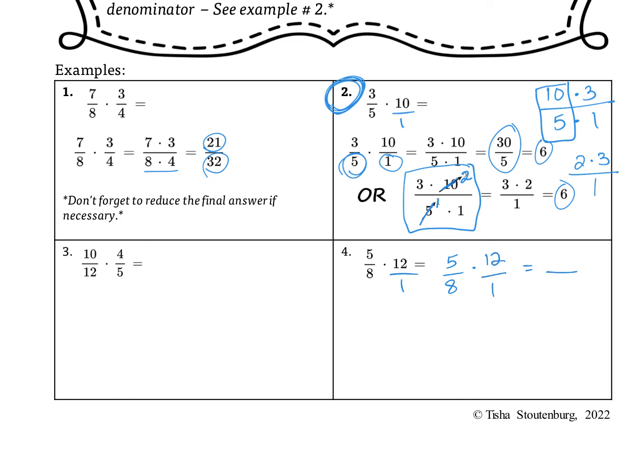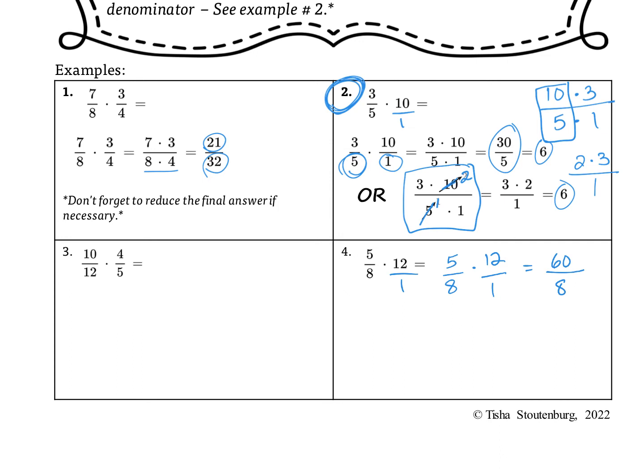Okay, now I can multiply straight across, and I'm going to get 8 times 1 is 8, obviously, and 5 times 12 is 60. Now, 8 does not divide evenly into 60. So we would have to reduce that, both divisible by 2. Always start with 2 because they're even numbers.